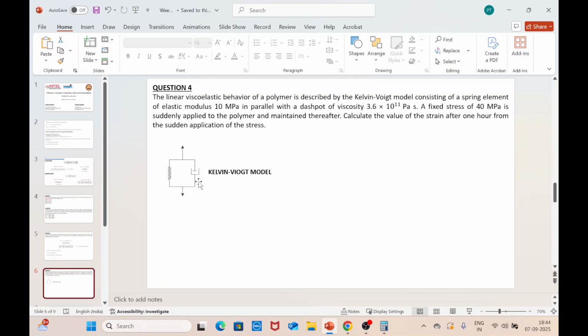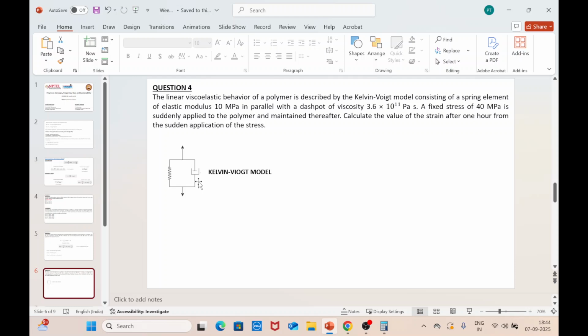Here, the linear viscoelastic behavior is described by the Kelvin-Voigt model, and it consists of a spring of elastic modulus 10 megapascals, which is in parallel with a dashpot of viscosity 3.6 times 10 to the power 11.